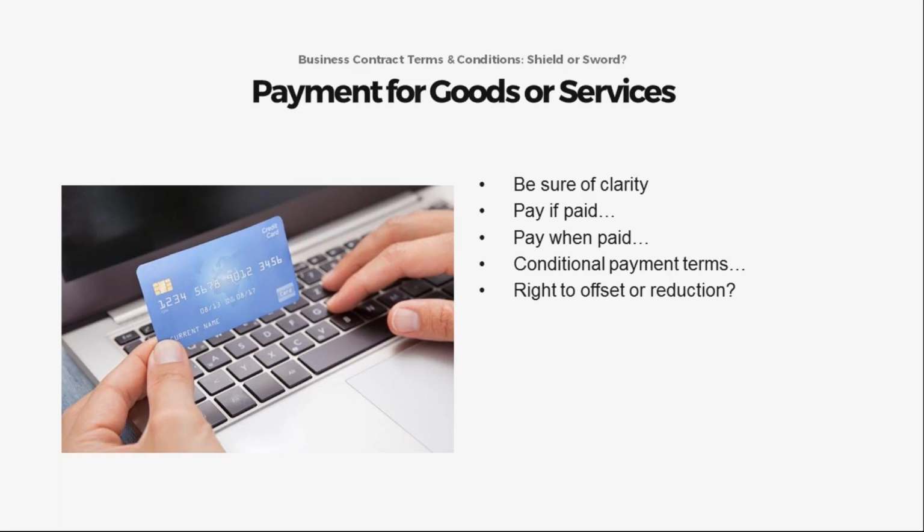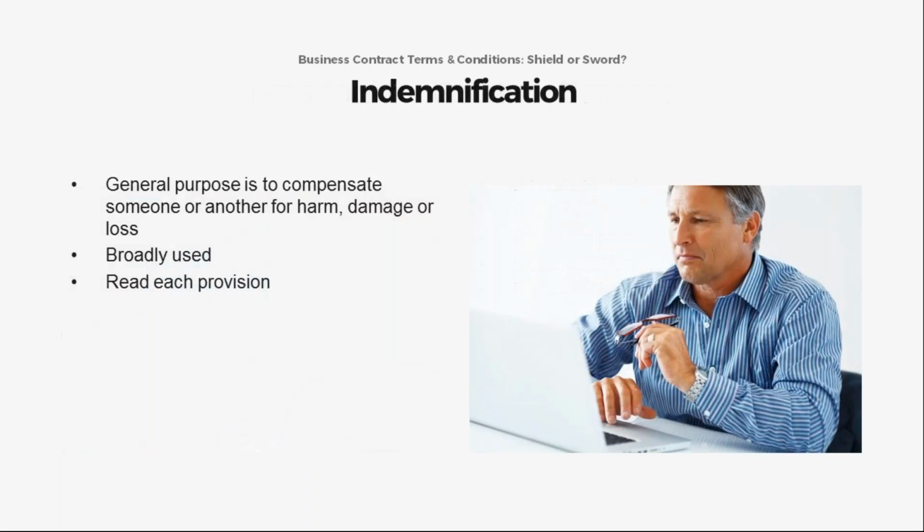And if you want to use that for your own benefit, that is, we have multiple contractual relationships, and I want to be able to offset or reduce what I owe you based on other contracts we have going on, that might be a benefit to you. But certainly you don't want that to come into play against what you're doing.